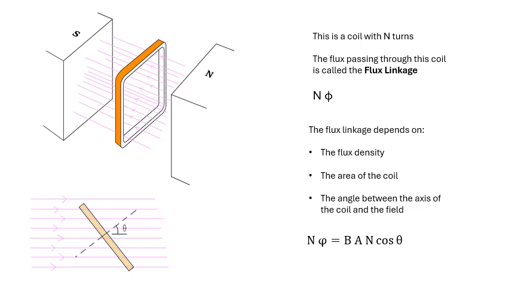If theta is 90 degrees, then there won't be any flux going through the coil, because cos 90 is 0. So it depends on the flux density, the area of the coil, and the angle between the axis of the coil and the field. The specification actually says Φ equals BA cos theta.